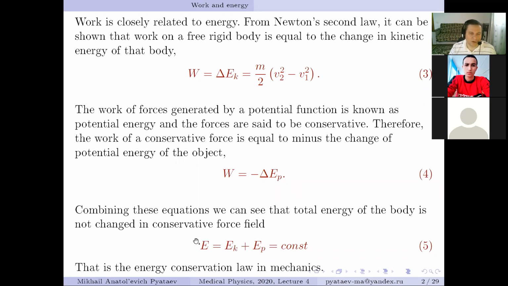That means energy, which is the sum of EK and EP, is constant. So this is a very important law of energy conservation, and it is very important that it is valid if all the forces are conservative.